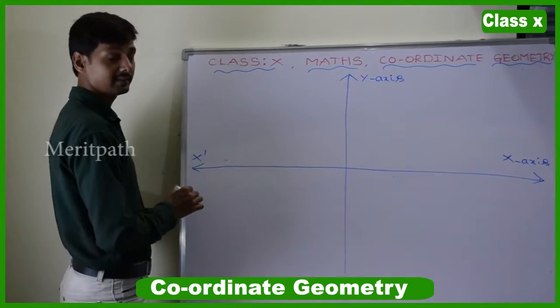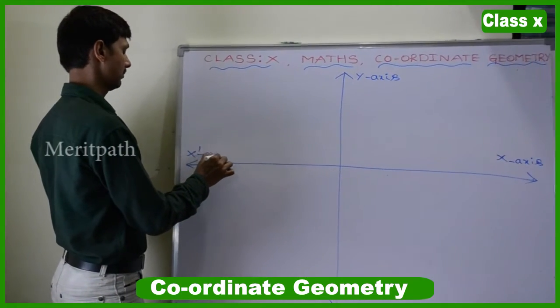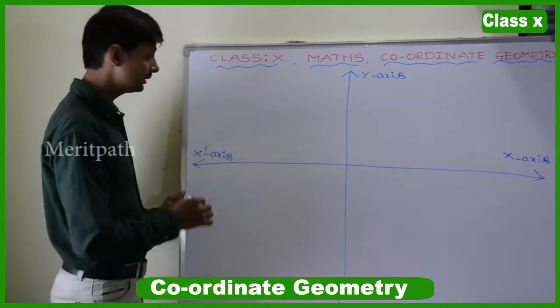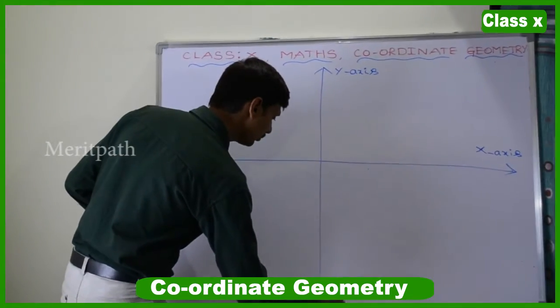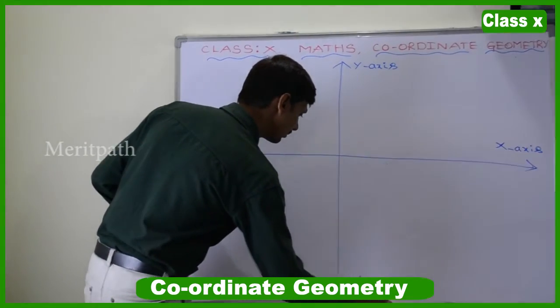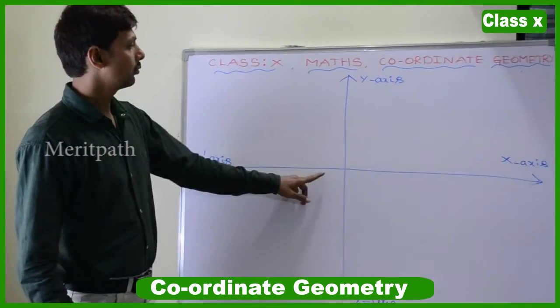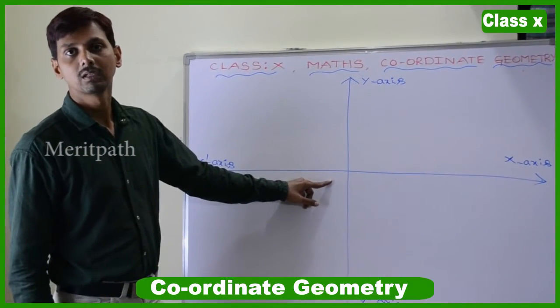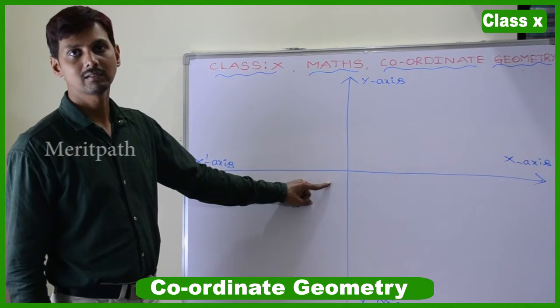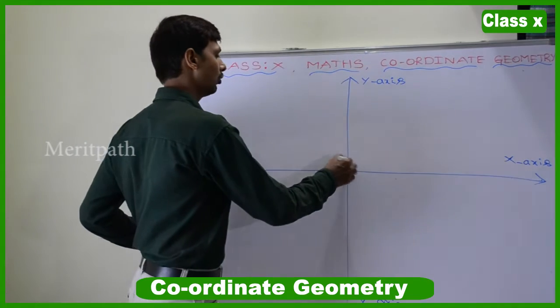This is the x-axis and the y-axis. This is the negative of the x-axis, which we call x dash, and this is the negative of the y-axis, that is y dash. The point of confluence of the x-axis and y-axis is called the origin.